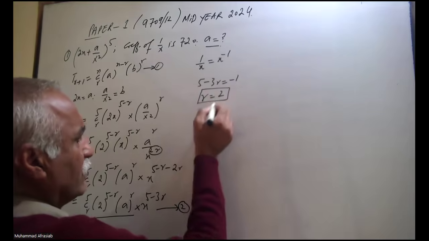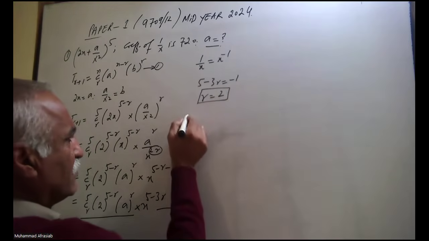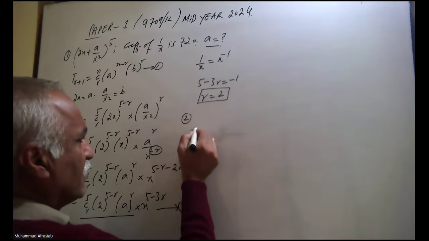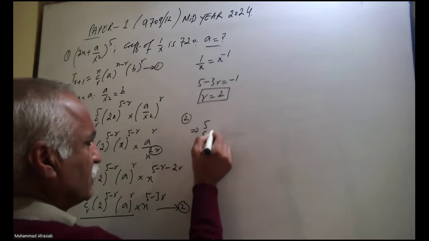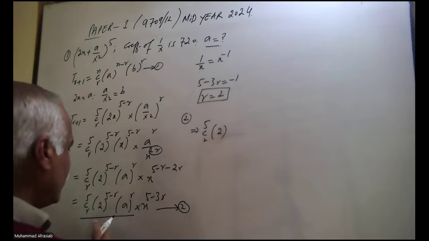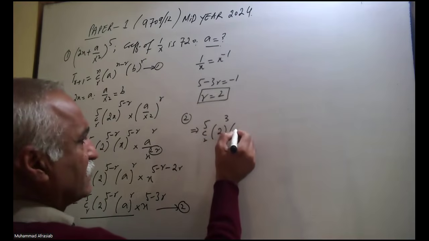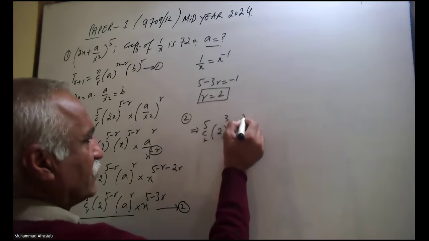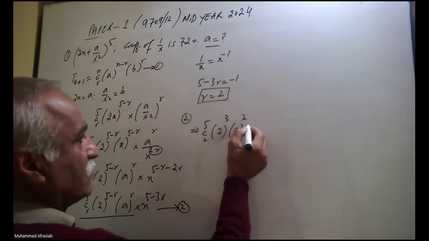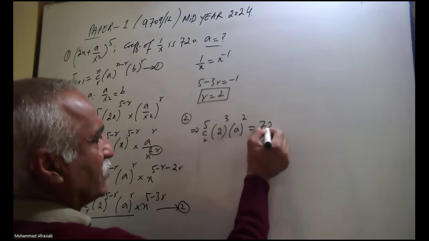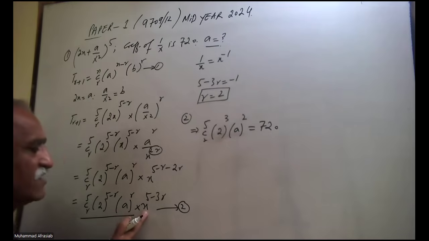So we put 2 into equation number 2, and this becomes 5C2 into 2 power 5 minus 2, which is 3, into a power 2, equal to 720, because this will definitely give x power minus 1.